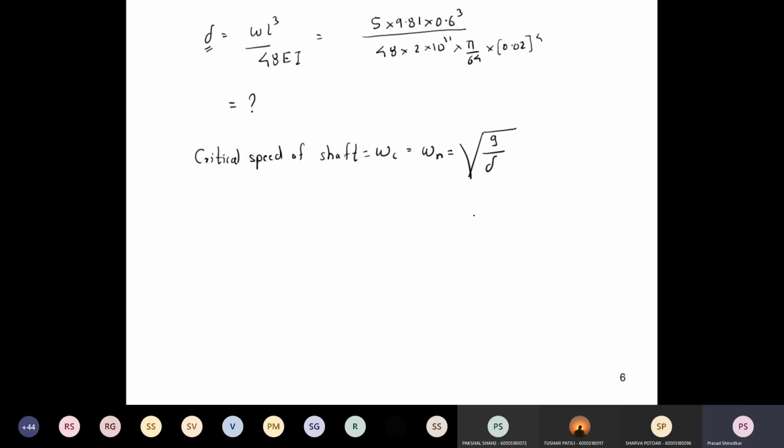All right, so calculate the critical speed omega c. So all the quantities which I am asking you to enter, I am marking as question marks, that you will be required to enter as the answer to the quiz. All right.